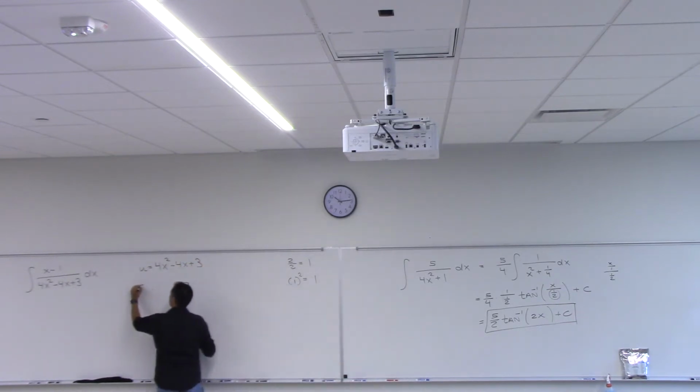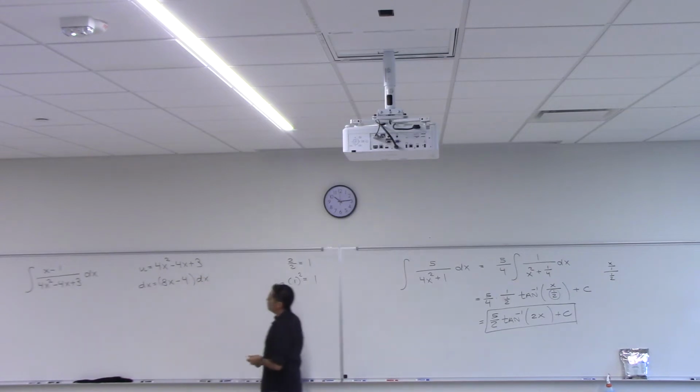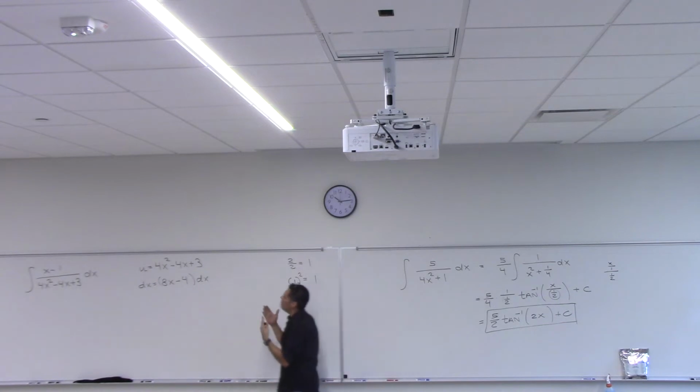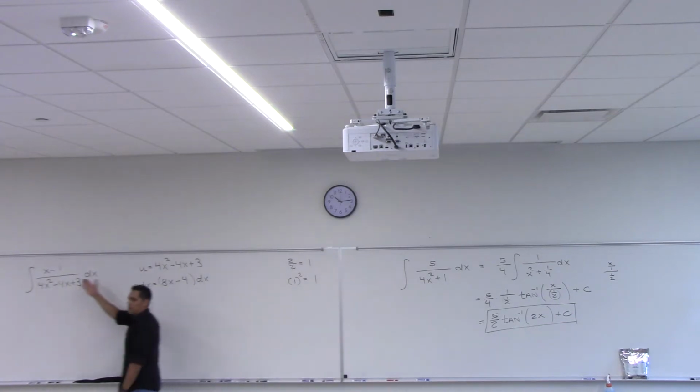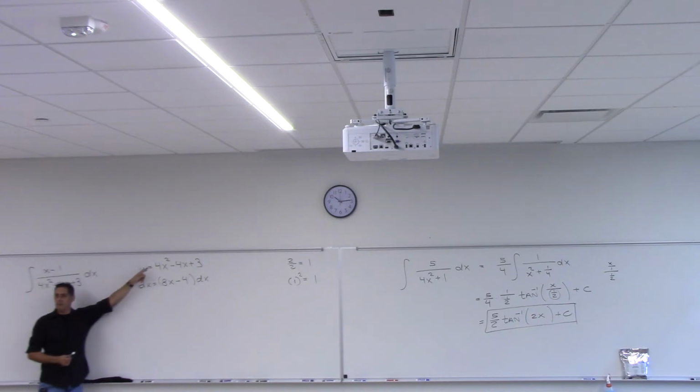The derivative of this would be 8x minus 4, right? And put that in parentheses dx. That's the derivative, right? I would love to see 8x minus 4 up top, right? What if it was 8x minus 4? What would this turn into? If this was 8x minus 4, wouldn't this just be 1 over u du? And then the answer would be natural log of that, right?